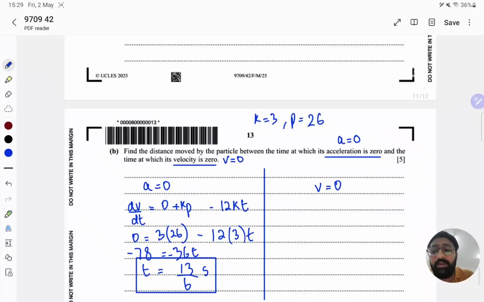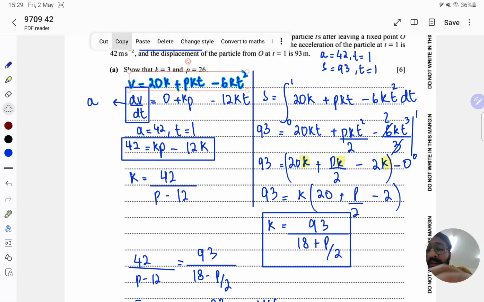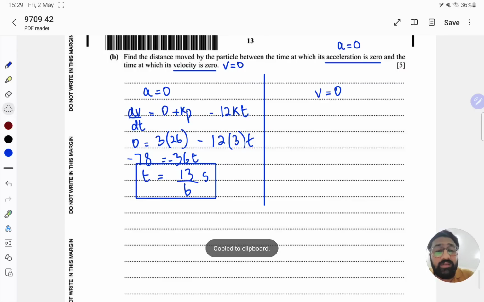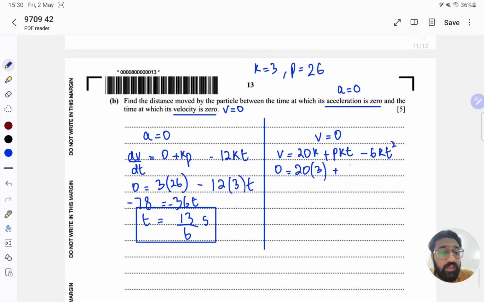Similarly, we have an expression for the velocity as well, which was given to us at the start, which is this, and it says that velocity is 0. Let me substitute and identify what was the time at that specific point. So 0 equals 20 times 3, because k is 3, plus 26 times 3 times t minus 6 times 3 times t square.